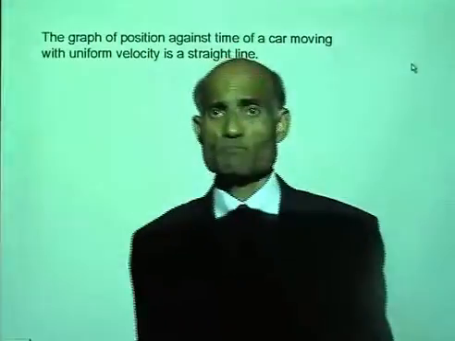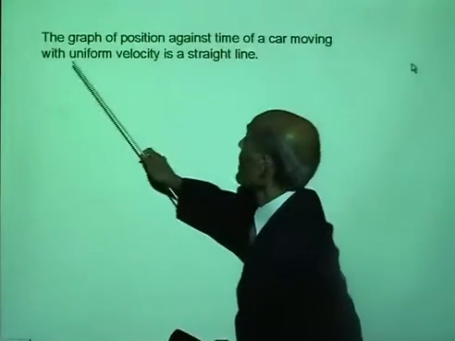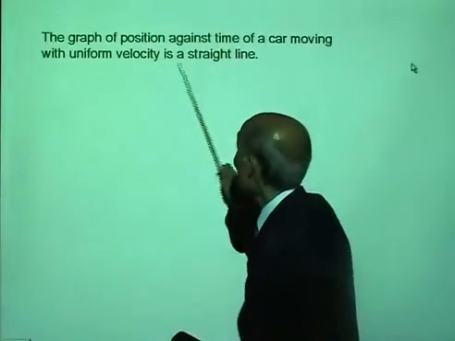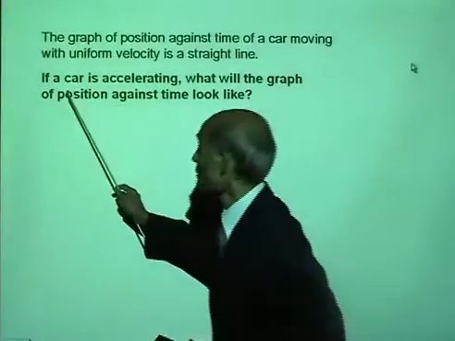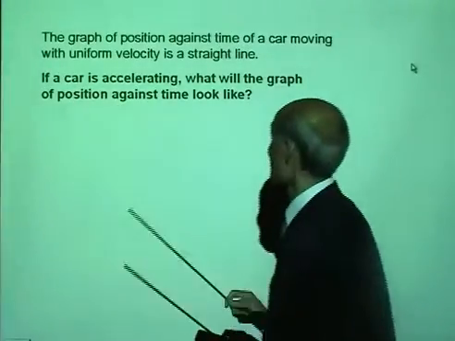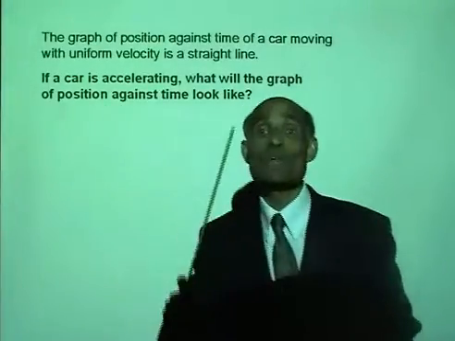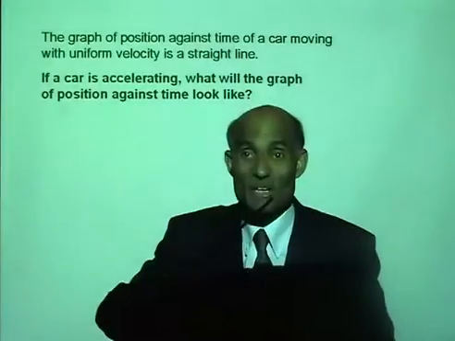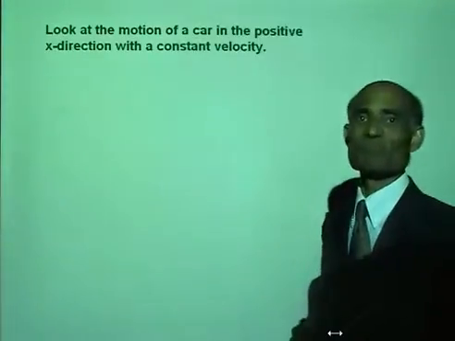So the graph of position against time of a car moving with uniform velocity will be a straight line. On the other hand, if a car is accelerating, what will the position against time look like? It will be a graph that curves. What do you think about it?